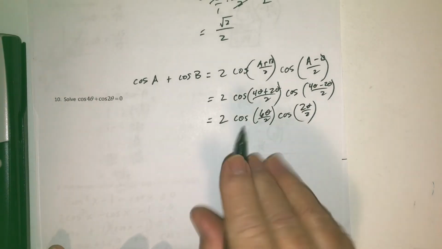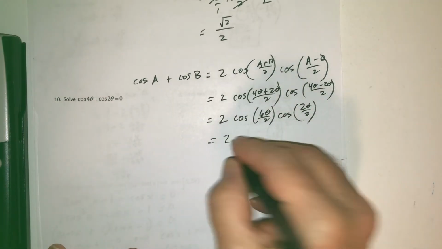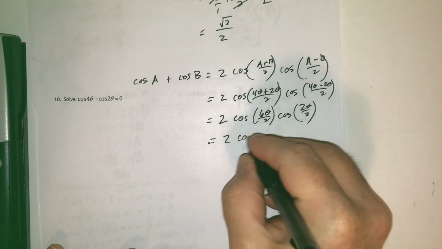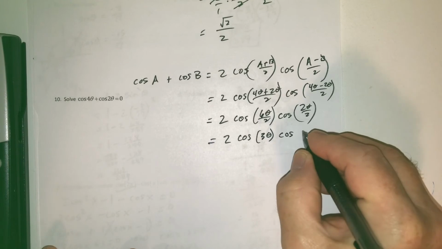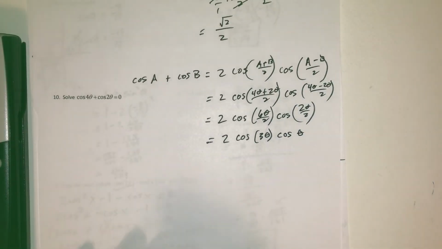So this first factor is 2, the second factor is the cosine of 3 theta, and the third factor is the cosine of theta.